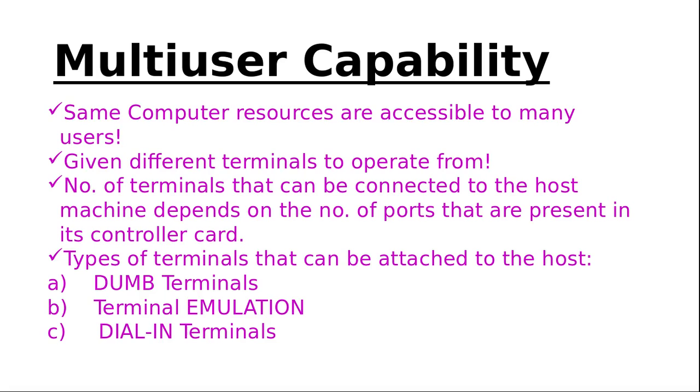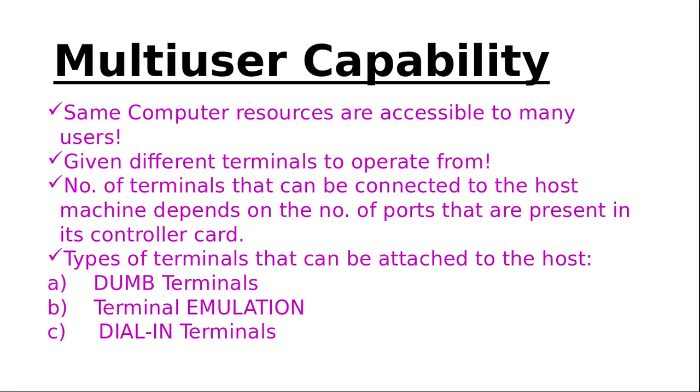So, a user at any of the terminals can use not only the computer, but also any peripherals that may be attached, say for instance a printer. One can print from one computer using a printer connected to another computer.